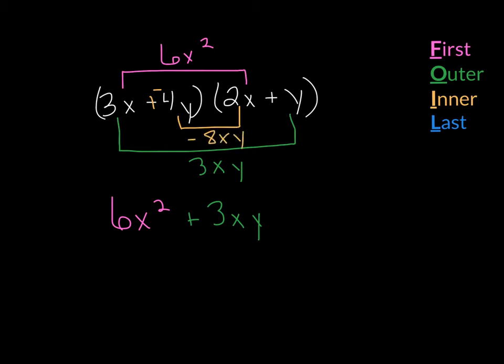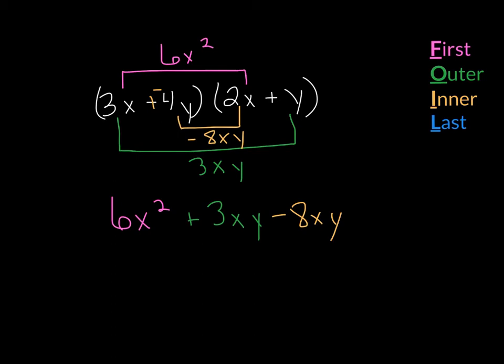And when you have two letters, we typically want to put them in alphabetical order. Technically, the order doesn't matter, but for consistency and so that you can easily see your like terms, you want to try to be consistent on how you do it.